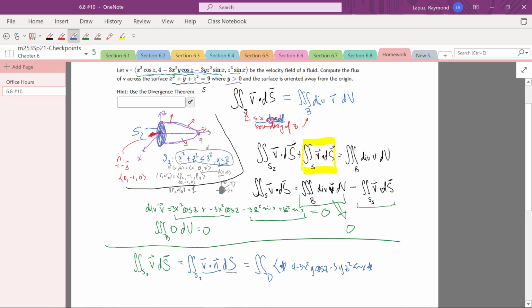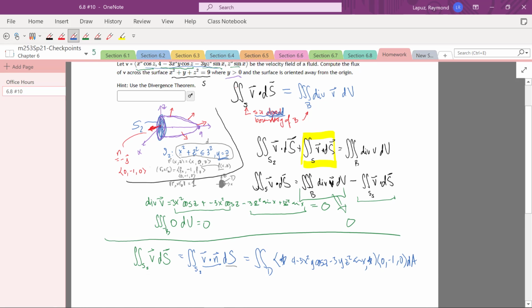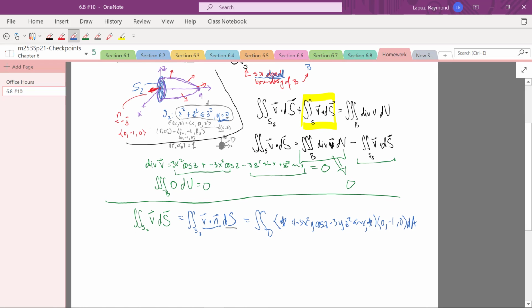And then the third component won't matter because when we take the dot product, we will get rid of those anyways. Not only that, but if we look at our parameterization, remember that x is equal to x, z is equal to z, but y is equal to 0.